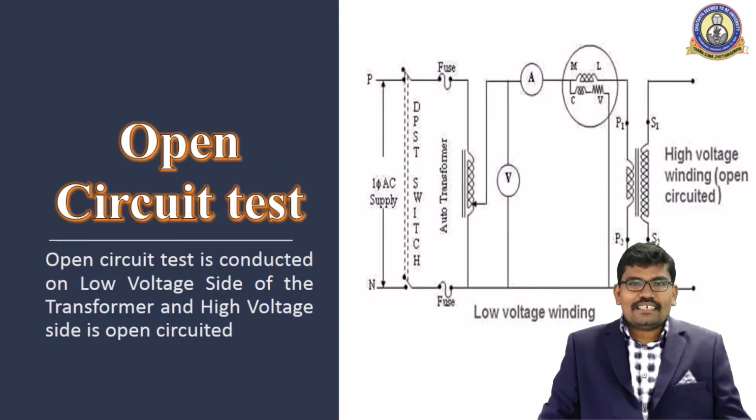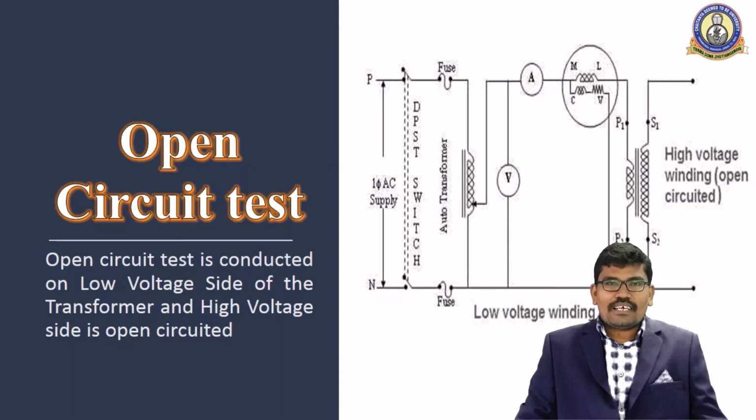We will consider an example. If you want to conduct the open circuit test on an 11 kV by 400 kV transformer, where the high voltage side is 400 kV, you require a voltage source of 400 kV and measuring devices, where a voltmeter and ammeter don't measure that many kilovolts.